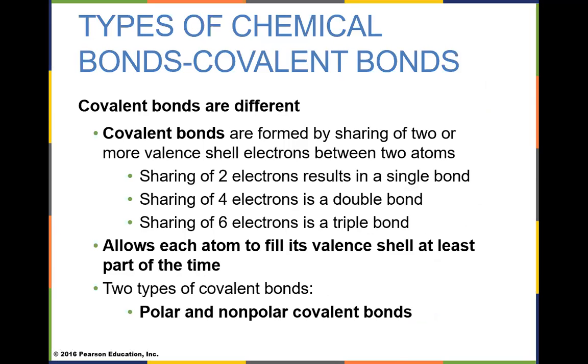Now, the second type of chemical bonding is the covalent bond. The covalent bond occurs between electrons in valence shells. Nobody's stealing anybody's electrons here.